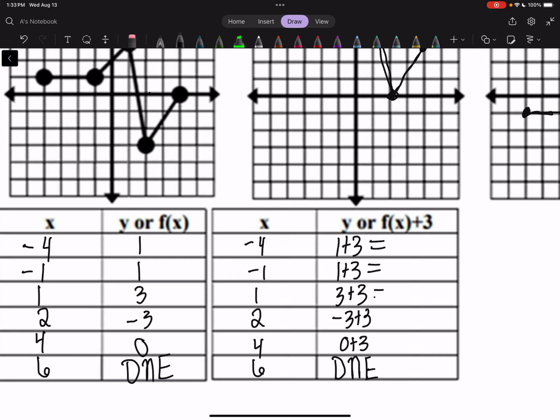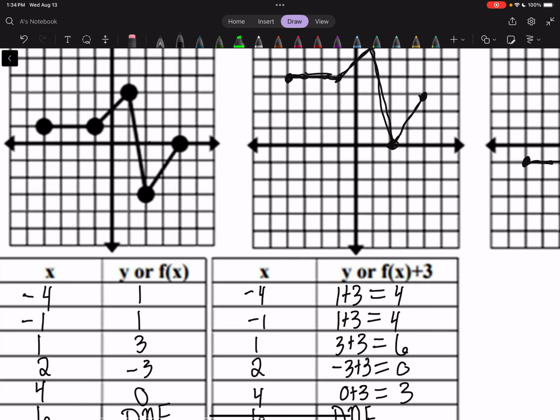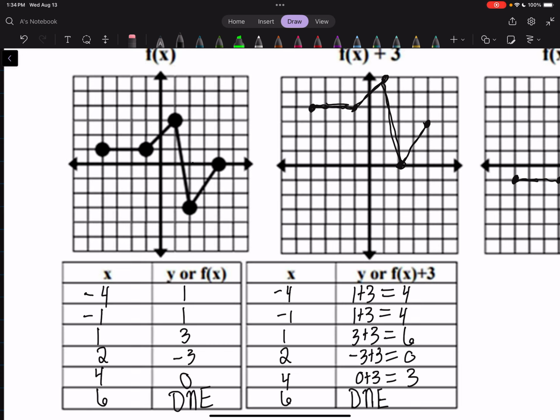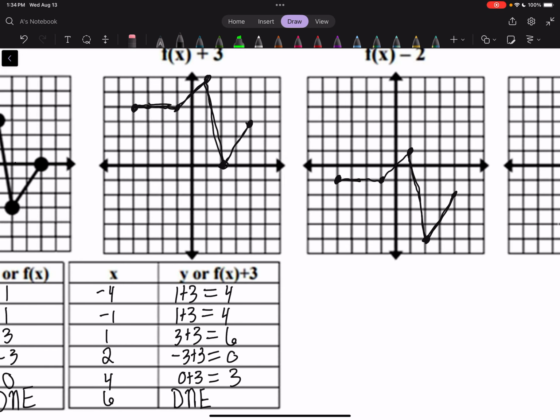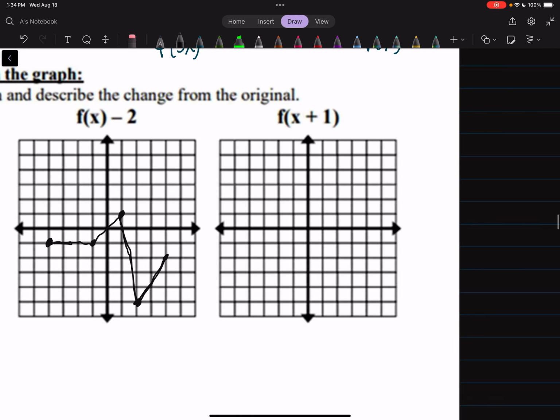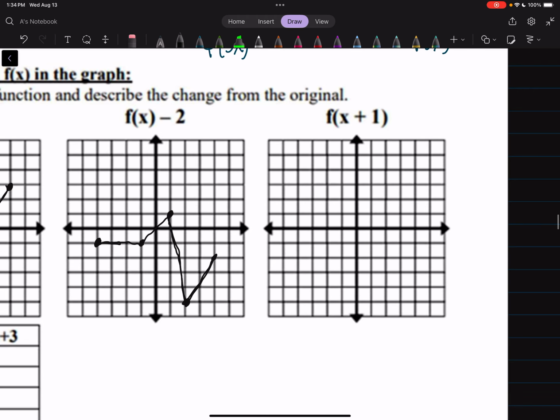So my new coordinates are going to be -4, 4; -1, 4; 1, 6; 2, 0; and 4, 3. And it's graphed above.